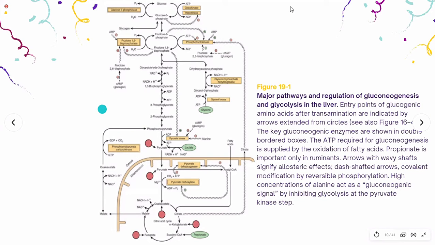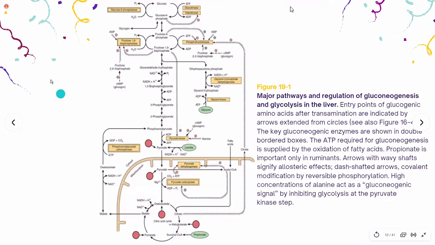And this one is bypassed by this carboxykinase. Now, you will know that these are bypass enzymes because you notice that it has a double frame. Double frame. This one is single frame only. Like that, single frame, single frame.